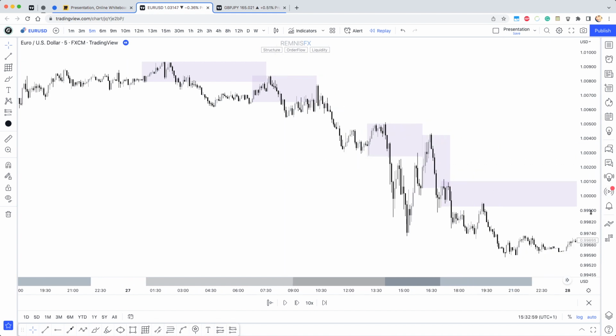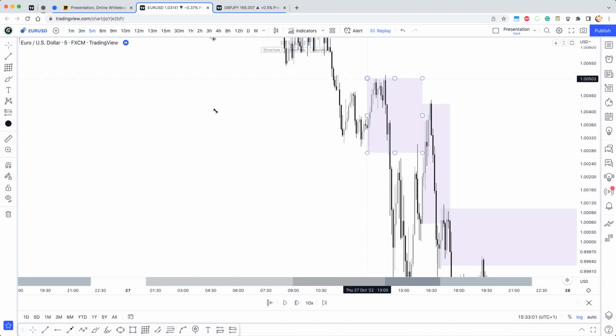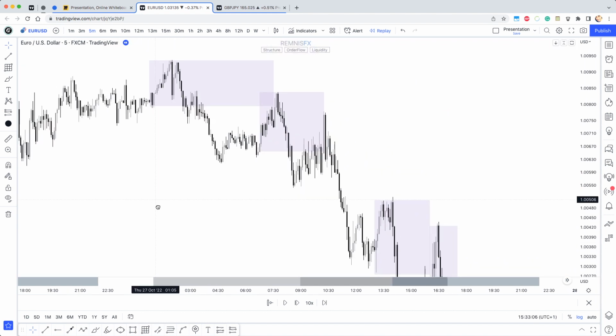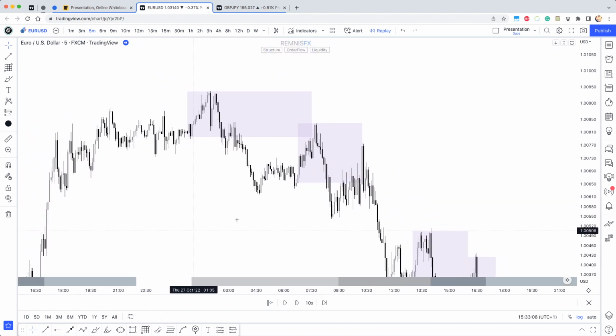Now let me just blow that up a little bit like that, so we can see things a little bit better. Okay. So as you can see, if you scale down, you can even refine your order flows, right?